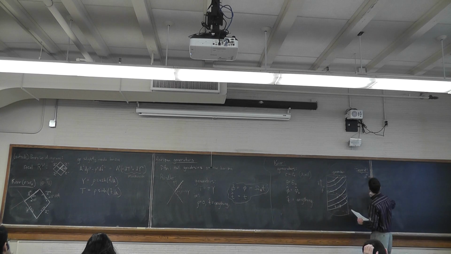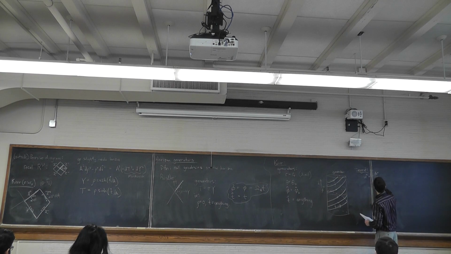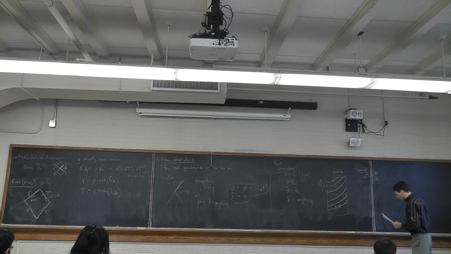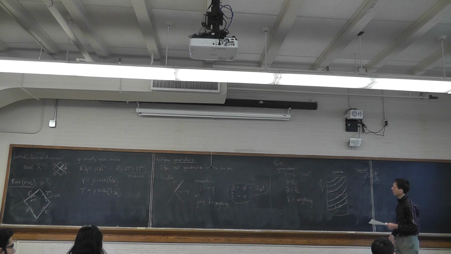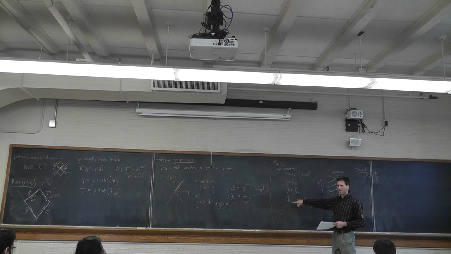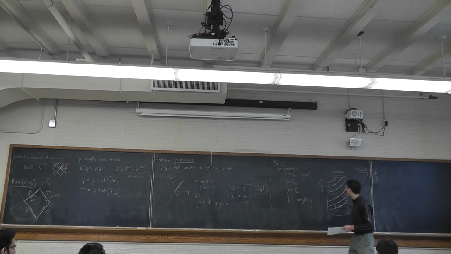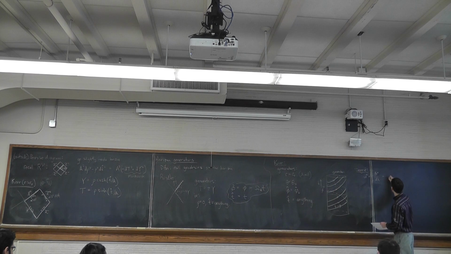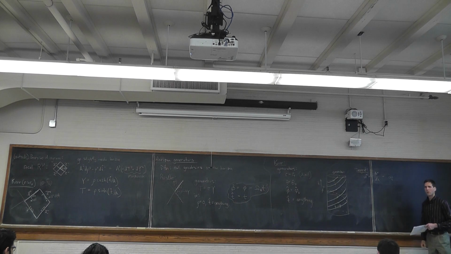U alpha is dx alpha d lambda, where lambda is some parameter along the curve. So the only coordinate here that's changing as we go along the curve is t hat. So this we could just take to be a vector pointing in the t hat direction.